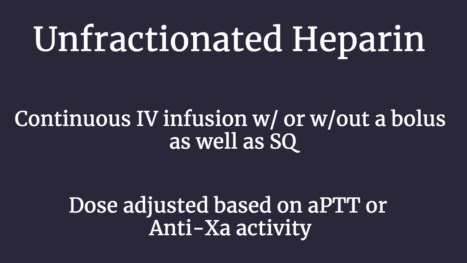We get a level after 6 hours of initiation or any dosage changes. And then once you have consistently 2 anti-10A levels within the target range, it can go a little bit longer. So you always have to consult with your institution-specific protocols for monitoring and dosage adjustment.